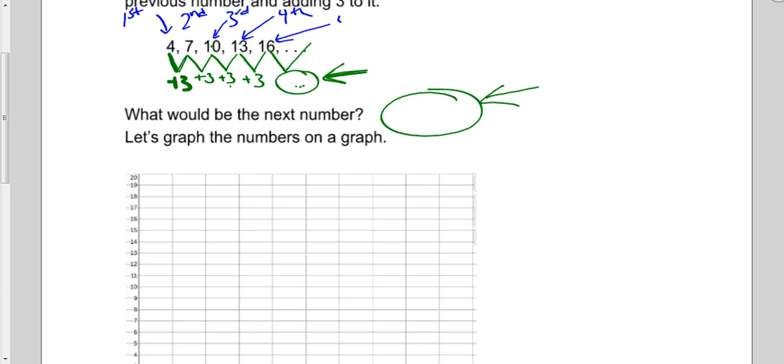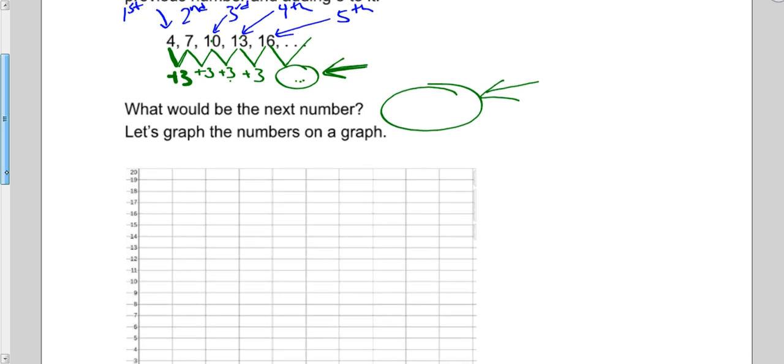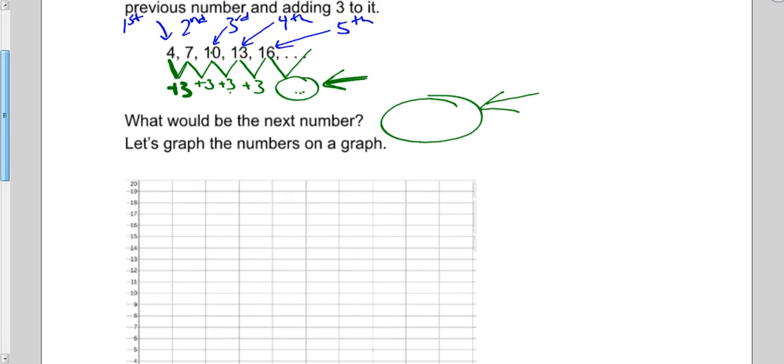This is my fifth number. However, to make my graphing easier, I am going to subtract 1 from each of these numbers. Okay? And you'll see why in a second. But what that does for me is it makes these 1 less. So I'm going to erase this blue circle, and I'm going to erase my numbers here.